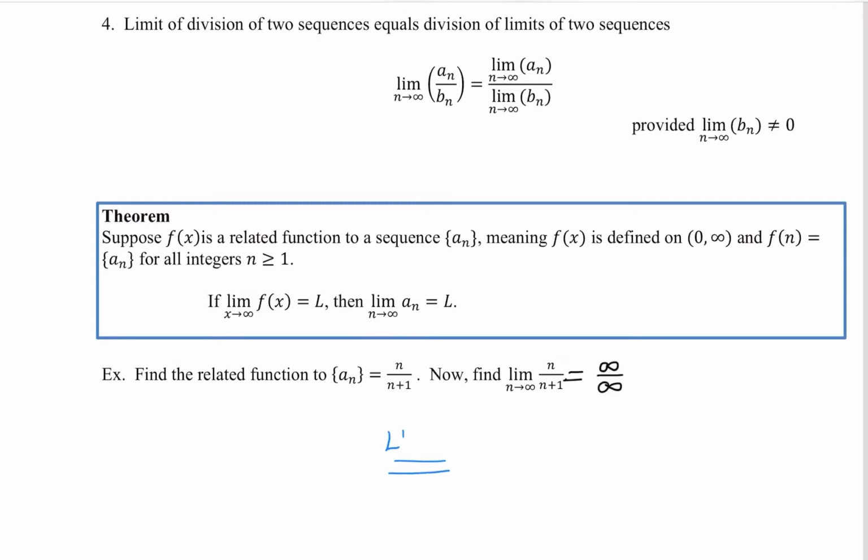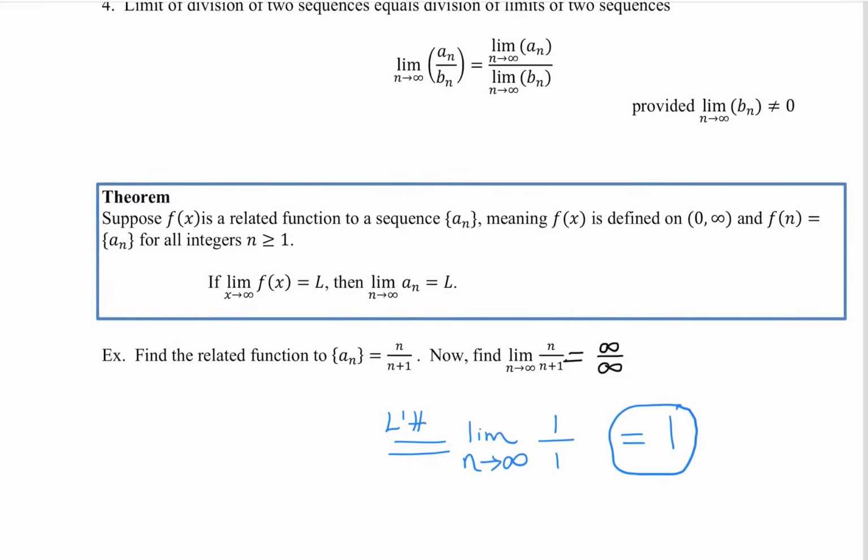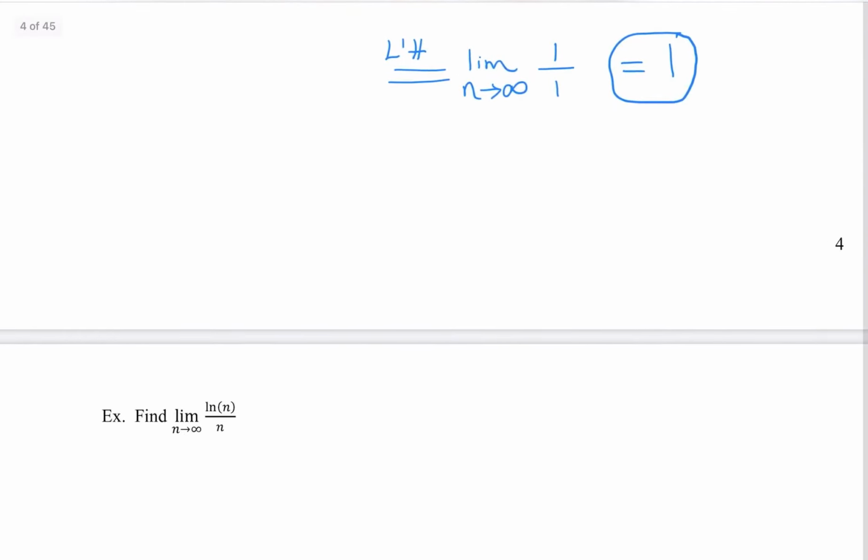You also could think Calc 1, degree of numerator is equal to degree of denominator, so it's going to be the ratio of the leading coefficients. But in this case, L'Hopital's rule is kind of fun, 1 over 1, and then of course that is simply going to equal 1. So that limit is going to go to 1, so that corresponding sequence would converge to 1.